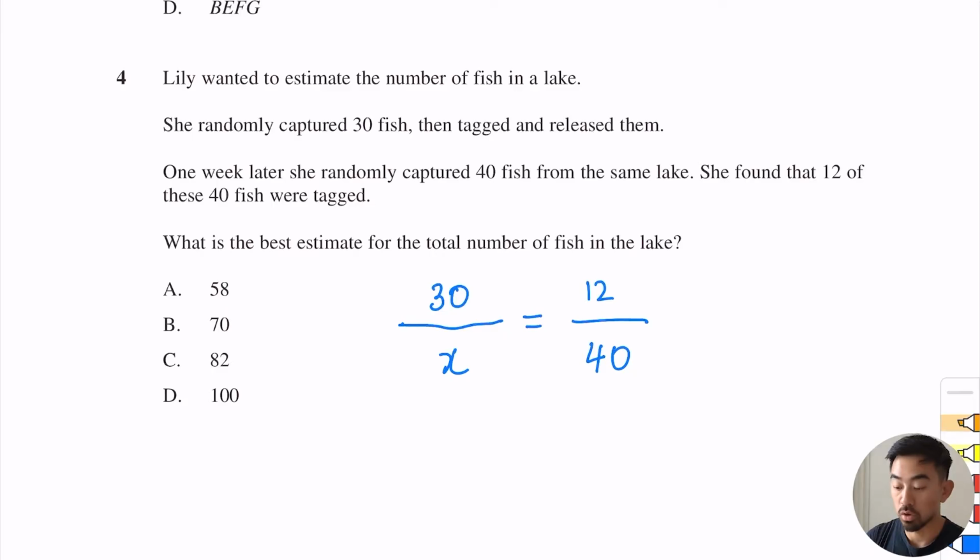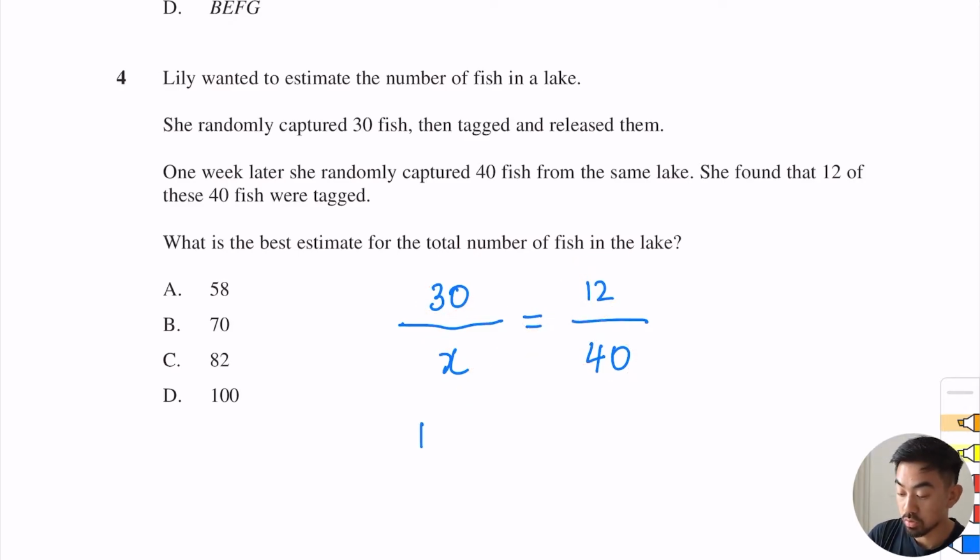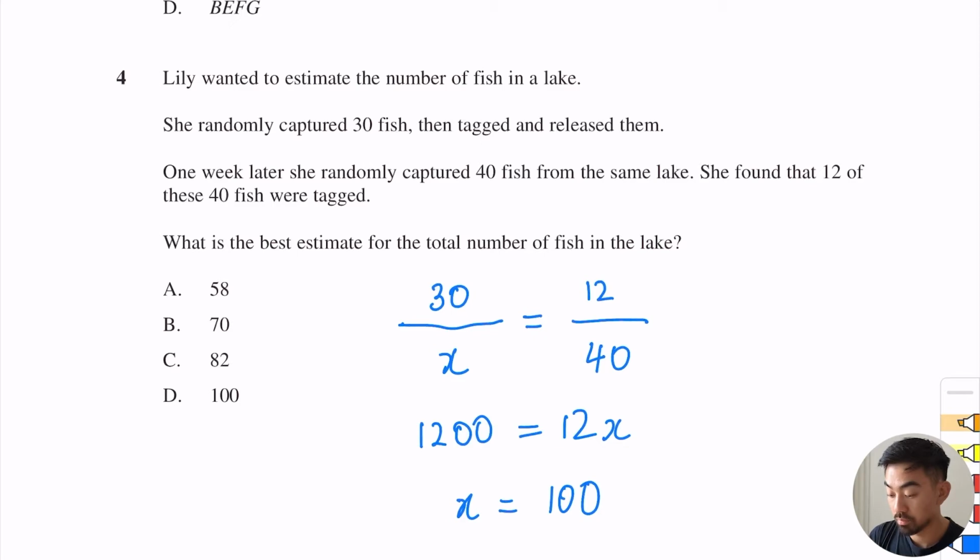Now it's just a basic equation. We can cross multiply. So x times 12, 30 times 40. So 30 times 40 is 1,200. X times 12 is 12x. Divide both sides by 12. So x is going to be equal to 100. So that's D.